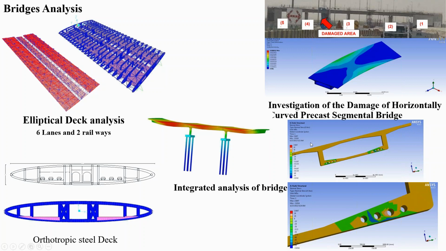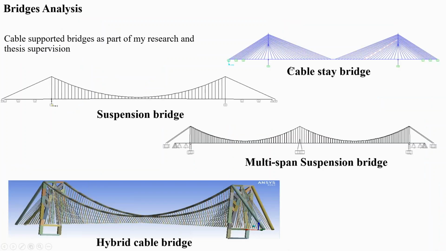You can find here assessment of damage in precast segmental bridge at Kuwait, and continuing the research with my students on stability of cable stay bridge under sudden failure of a cable and suspension bridge. Also, we studied multi-band suspension bridge and high cable bridge.